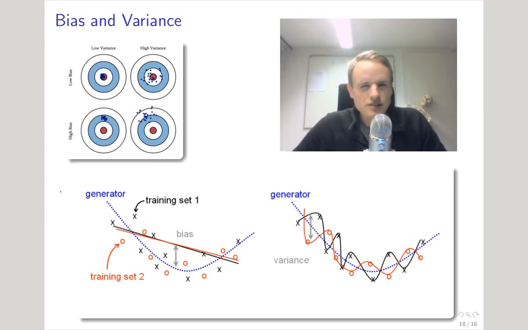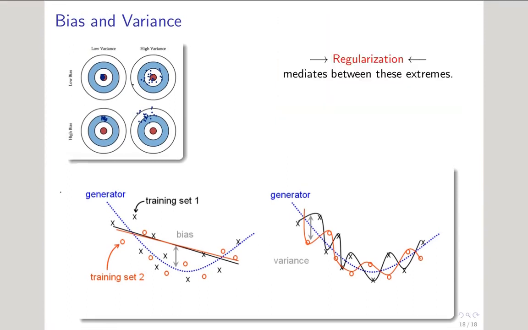I may have lost a few of you on that last slide, so let me reiterate what bias and variance do. If we look at the picture that looks like a set of 4 archery targets, we can get an intuitive feeling for bias and variance. Here we have high variance and low bias, high variance and high bias, low variance and high bias, and low bias and low variance.